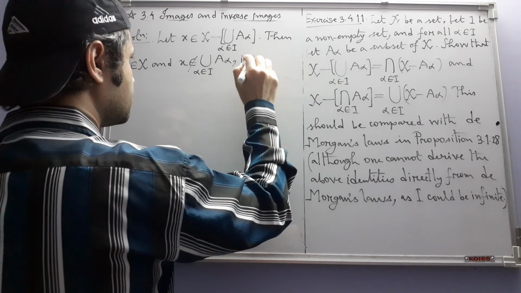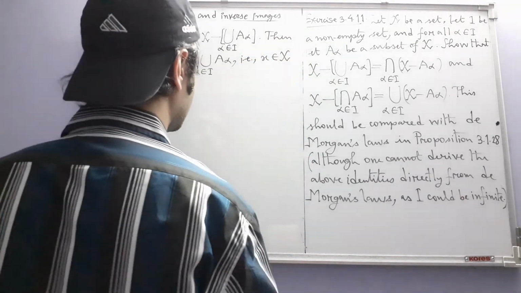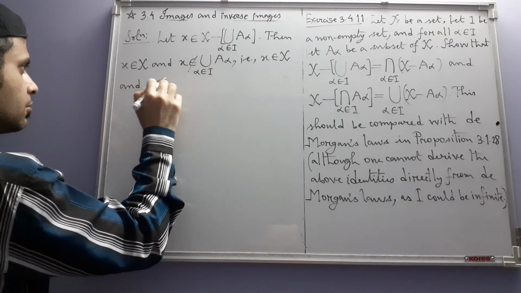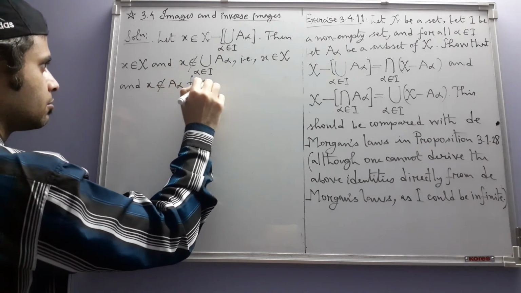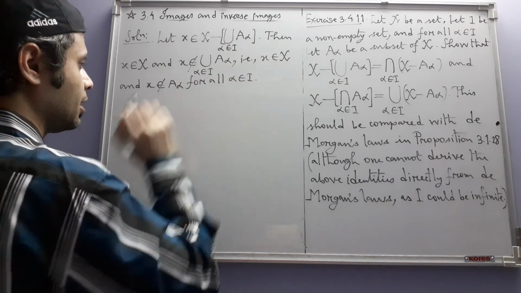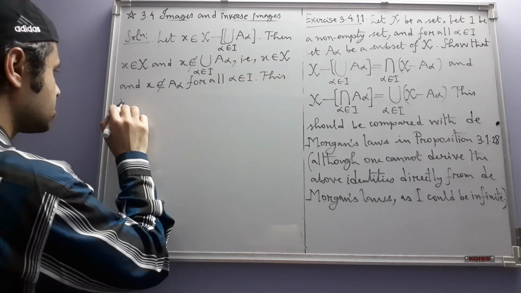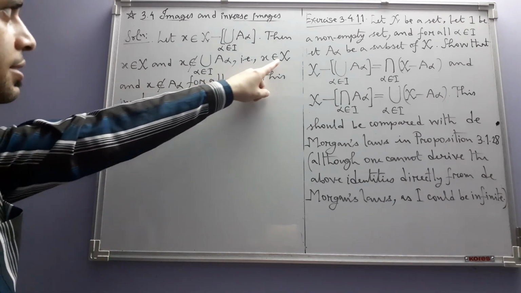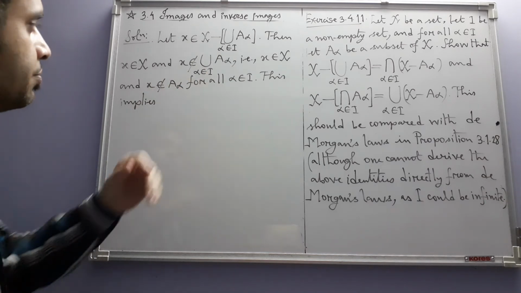So we are going to write that. That is, x belongs to X and x does not belong to A alpha for all alpha belonging to I. This implies x is in X and x is not in A alpha for all alpha.